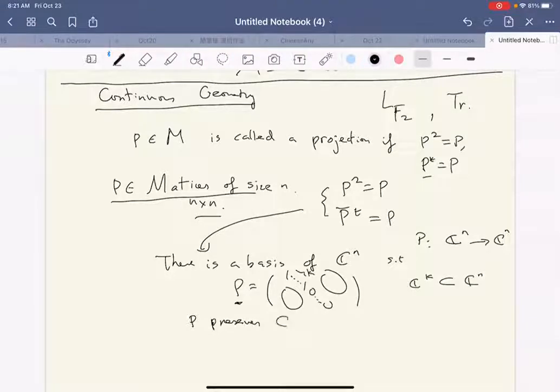P preserves C^k, and C^n is written as C^k direct sum with its orthogonal complement. So P acts as the identity on C^k, and P maps the complement to 0. This is what the projection looks like.